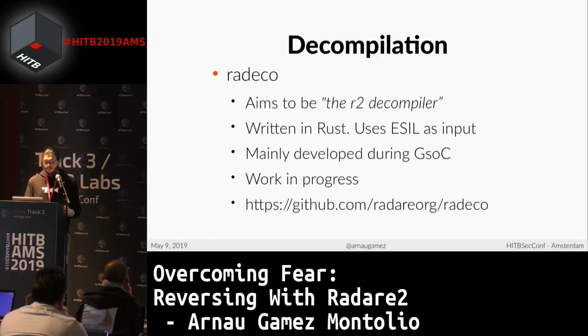But it's work in progress. It's a really nice proof of concept. It can do some stuff, but it's not really ready yet. Okay, but it's in the good direction. It's the one in the good direction. It has some fancy algorithms that are working really, really nice. And if you are interested or want to join it, you have the GitHub here, so open an issue or contact the developers, and it will be really awesome.